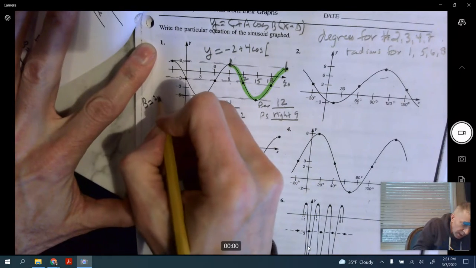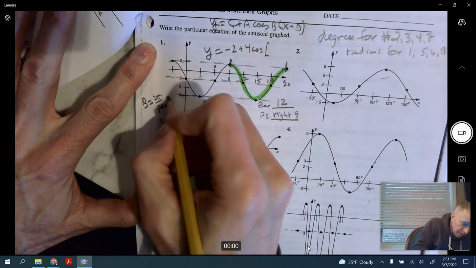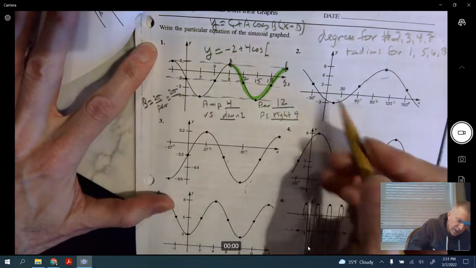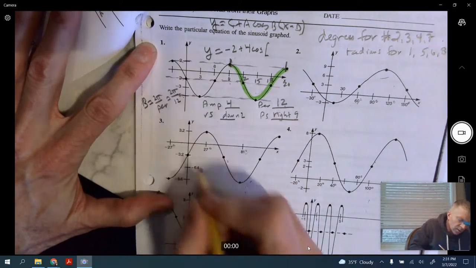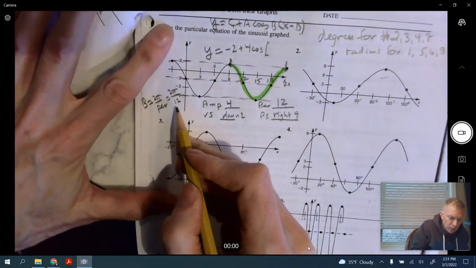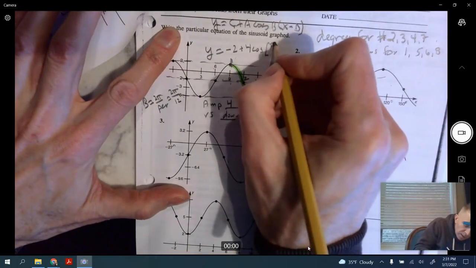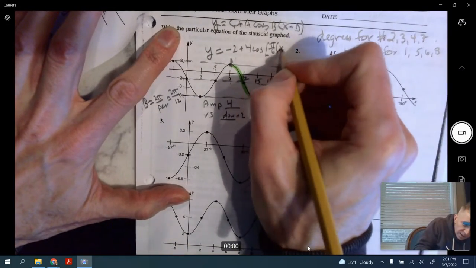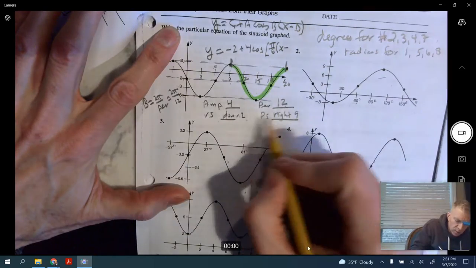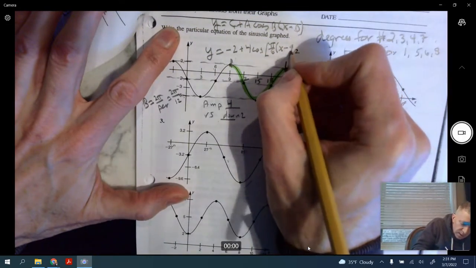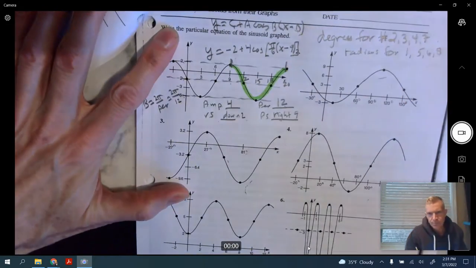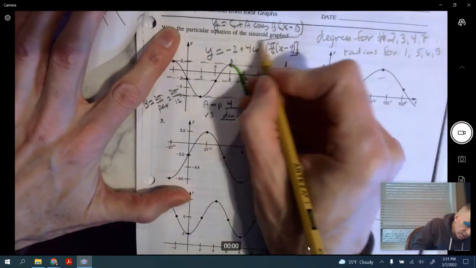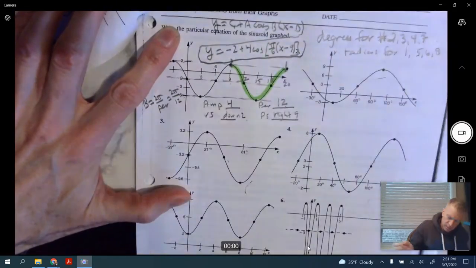B is 2 pi divided by the period, so 2 pi divided by my period's 12. So 2 pi over 12, or pi over 6. So we've got a pi over 6, and then I've got x minus d, which is my horizontal shift, so x minus 9. Okay, so there is your answer for this one.